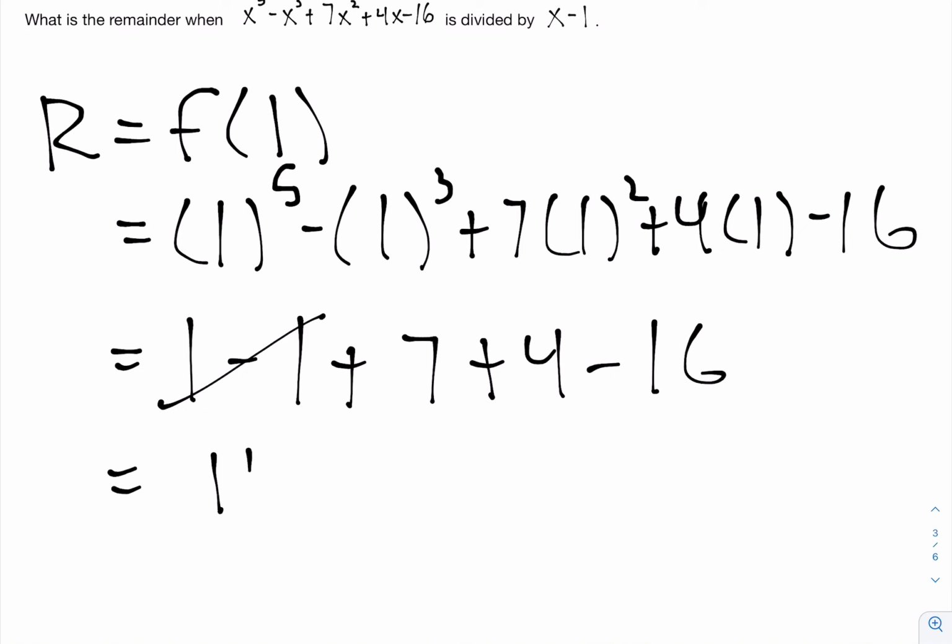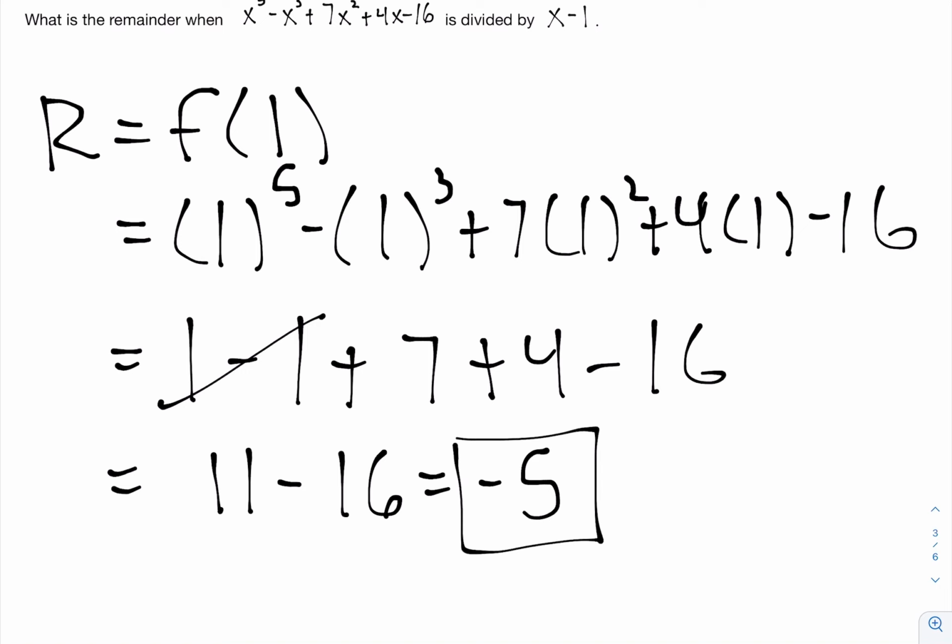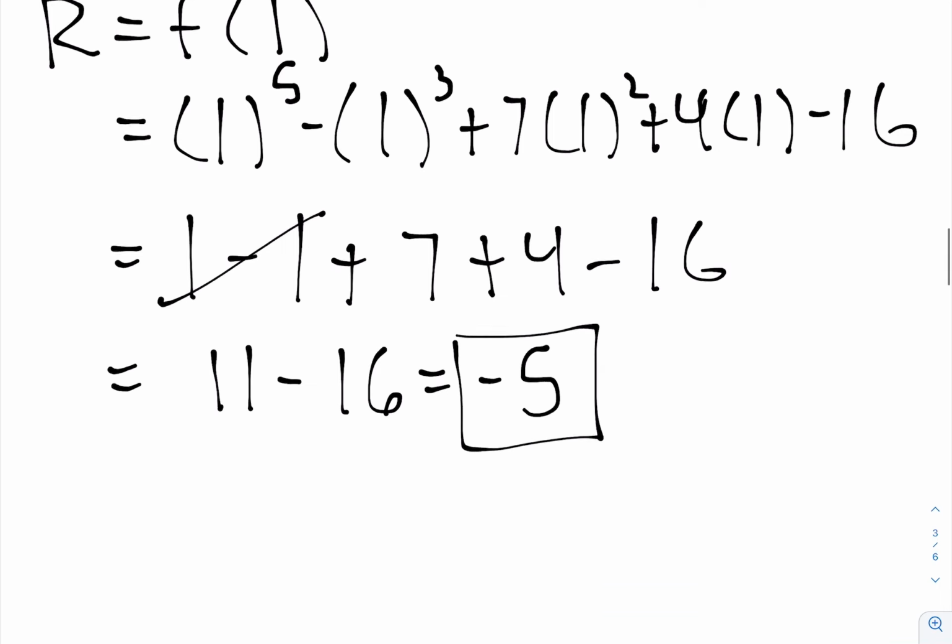So 7 plus 4 is 11, minus 16, that's going to be negative 5. Okay, so in this example as well, the remainder is also negative 5. That's just a coincidence. Okay, so if we're dividing by x minus a, in this case it was x minus 1, then the function evaluated at a, function evaluated at 1 in this case, is going to be equal to the remainder. Okay, we don't know what the quotient is, but we know what the remainder is.